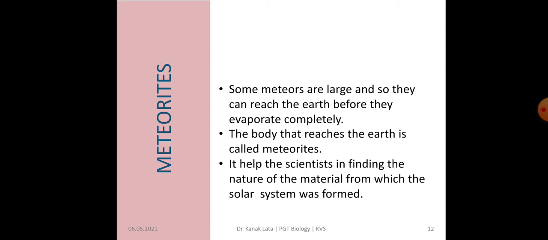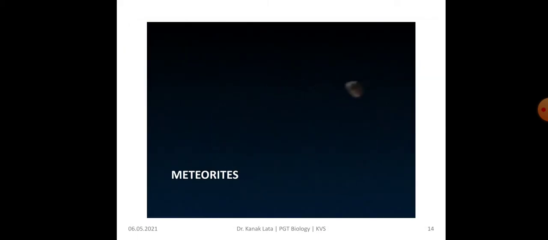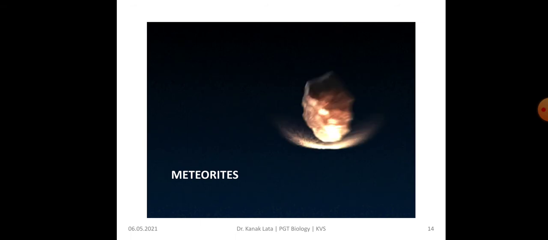Meteorites help scientists in investigating the nature of the material from which the solar system was formed. In the given figure, you may observe falling meteorites, and you can see here it looks like stone. Here also you can visualize meteorites.